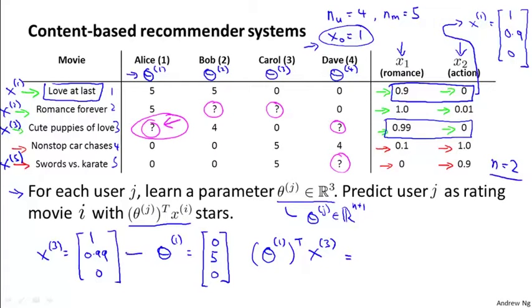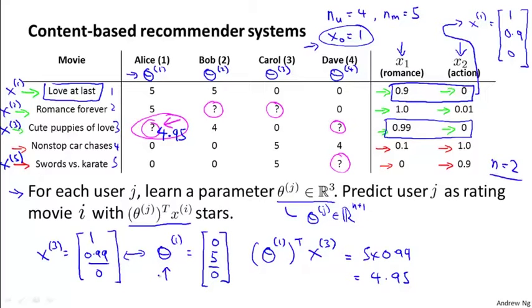And so the inner product between these two vectors is going to be 5 times 0.99, which is equal to 4.95. And so my prediction for this value over here is going to be 4.95. Maybe that seems like a reasonable value if indeed this is my parameter vector theta 1.